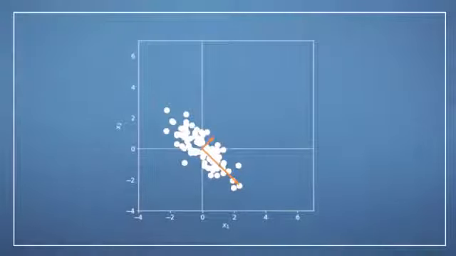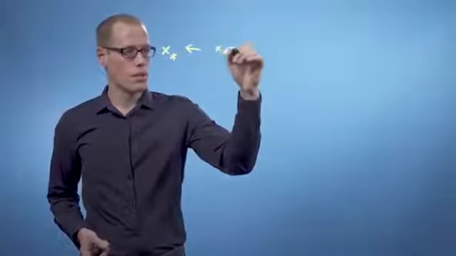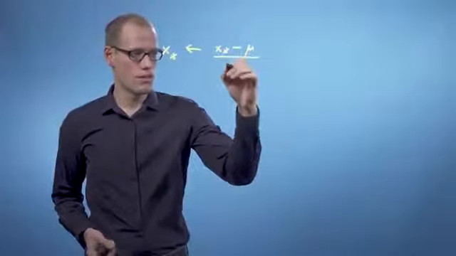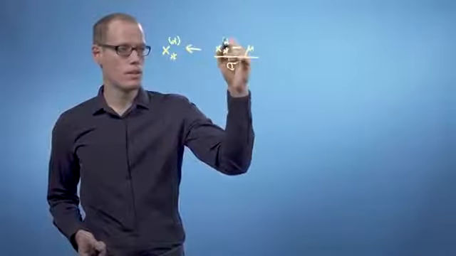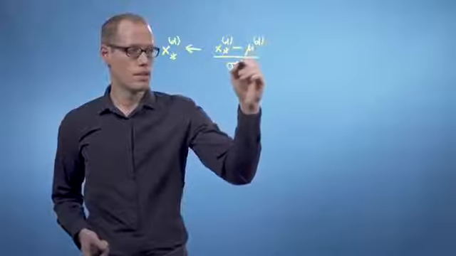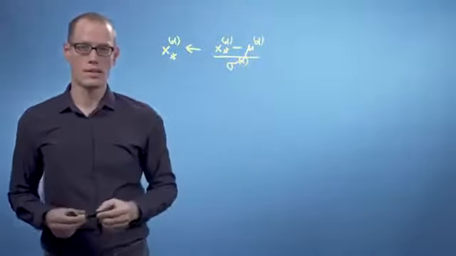And in the last step, we can project any data point x star onto the principal subspace. To get this right, we need to normalize x star using the mean and standard deviation of the dataset that we use to compute the data covariance matrix. So we're going to have a new x star, and the new x star is going to be the old x star minus the mean of the dataset divided by the standard deviation, and we do this for every dimension in x star.